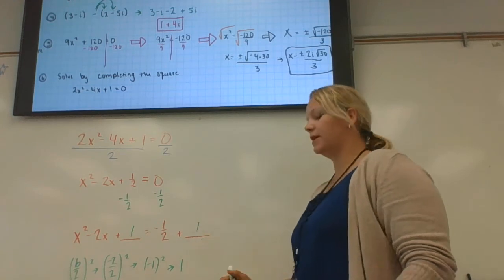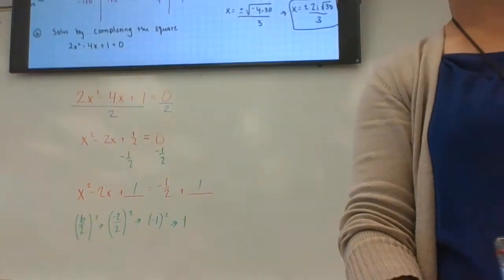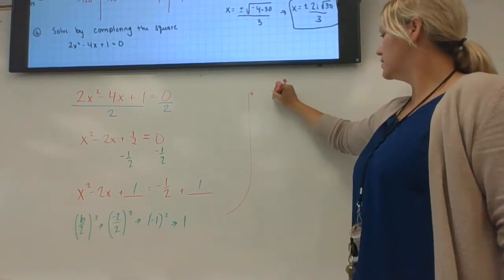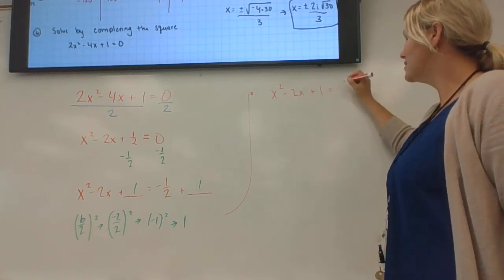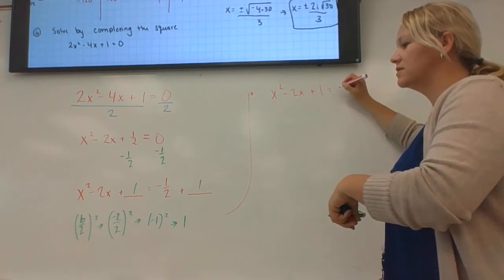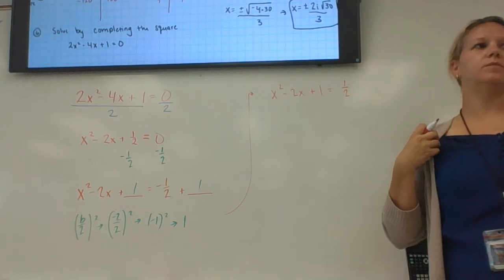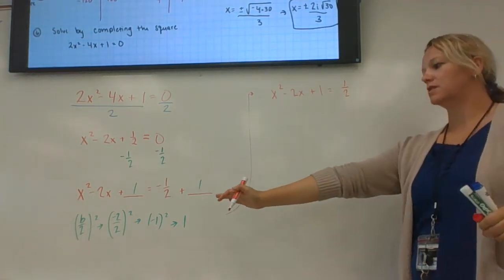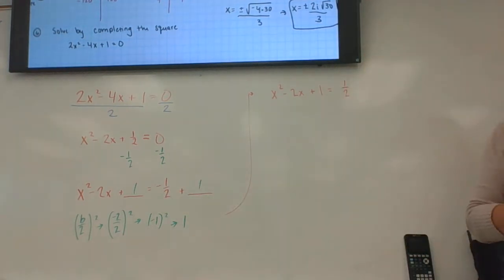Put a 1 in both spots. 1 minus 1/2 is 1/2. So I just did negative 1/2 plus 1, and I got 1/2. And then you factor by square rooting.